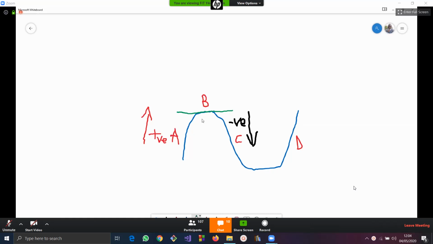You're just about to see. So this point B is what we call a critical point. Is point B a maxima or a minima? Anyone can just shout so that we know that we are doing well. Yes, Ngugi, it's a maxima.